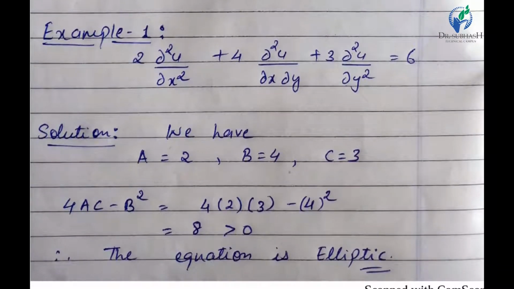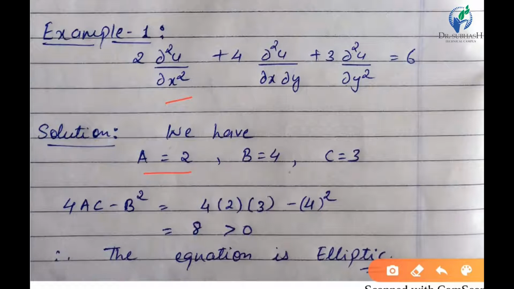Example 1. 2 del square u upon del x square plus 4 del square u upon del x del y plus 3 del square u upon del y square is equal to 6. Here first we'll find the values of a, b and c. The coefficient of uxx is 2, so the value of a is 2.